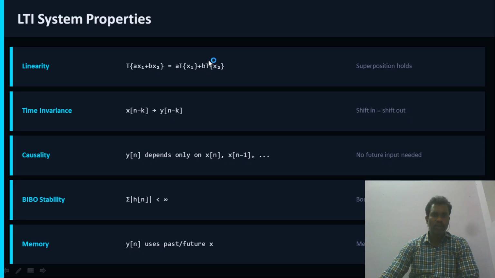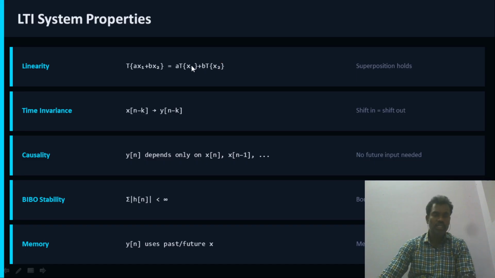If you apply x2, it produces T of x2. If we apply x1 plus x2 as input, then the output must be equal to T of x1 plus T of x2. That means if you apply an input that is a combination of multiple inputs, then the output should also be a combination of the responses to the corresponding individual inputs. That is called the additivity principle.